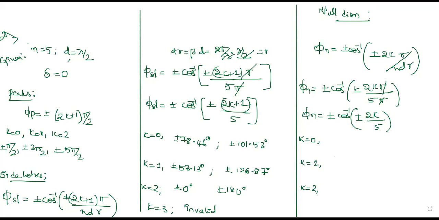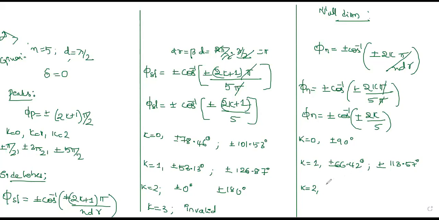For k is equal to 0 it is plus or minus 90 degree. K is equal to 1, 66.42 and the other value 113.58.